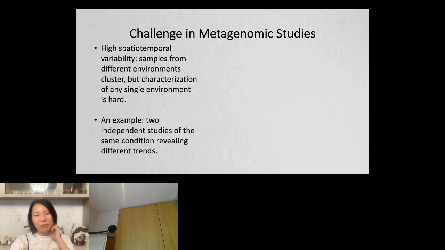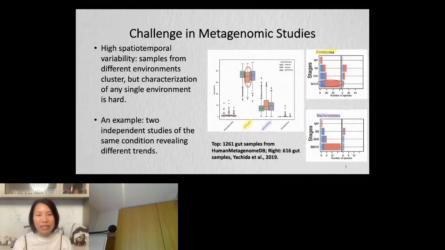So here's an example. We have two independent studies of the same condition of colorectal cancer and its correlation to gut microbiome. We can see similar species being picked out, such as firmicutes and bacteroidetes, that they believe have differential abundances in healthy samples and in diseased samples, but the trends that they reported are different, right?